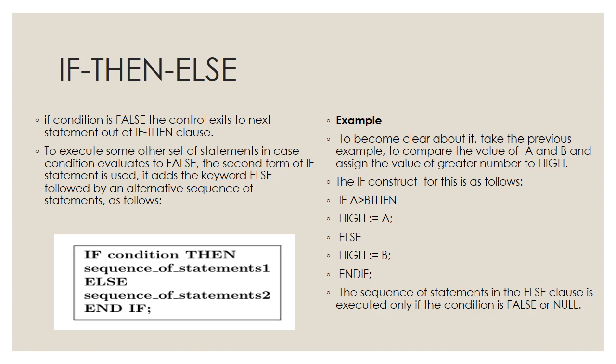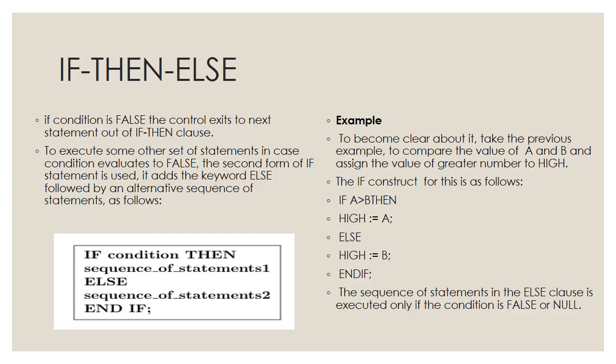IF-THEN-ELSE. If the condition is false, then the control exits to the next statement out of the IF-THEN clause. To execute some other set of statements in case the condition evaluates to false, the second form of the IF statement is used. It adds the keyword ELSE followed by an alternative sequence of statements.